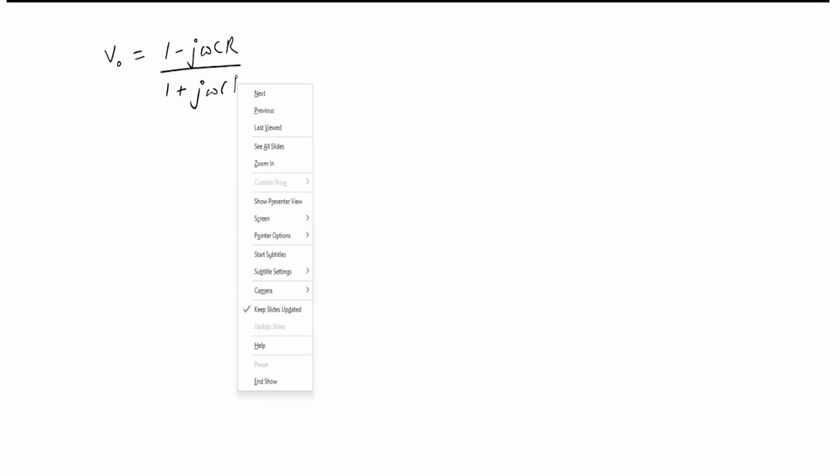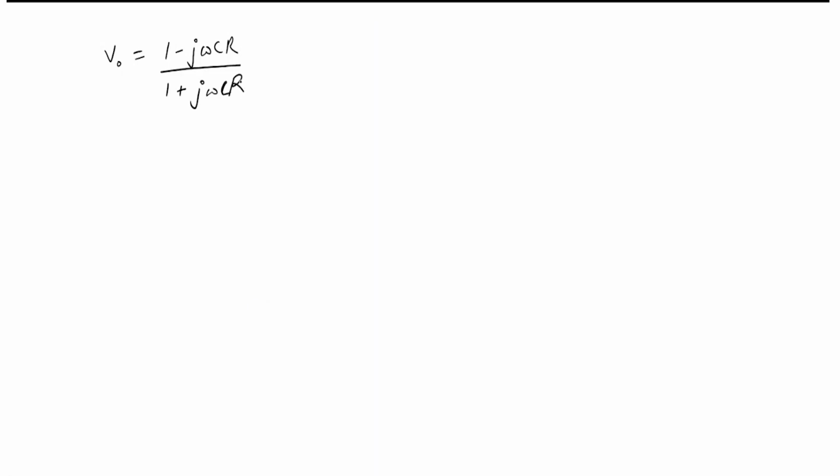The expression was V0 is equal to (1 minus j omega CR) divided by (1 plus j omega CR) into V in. This was the expression.